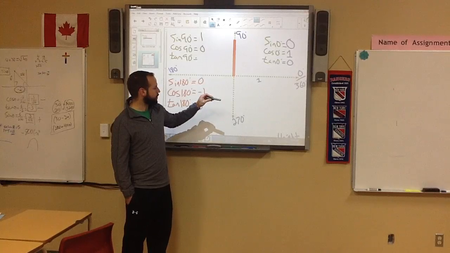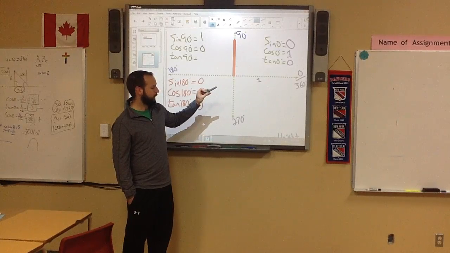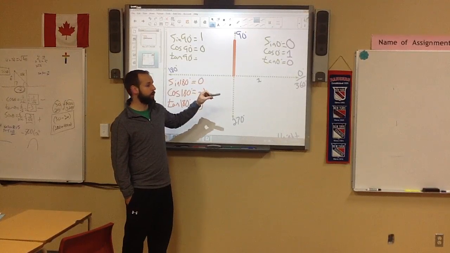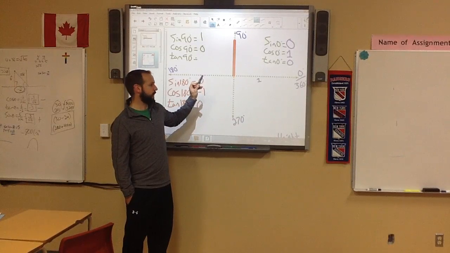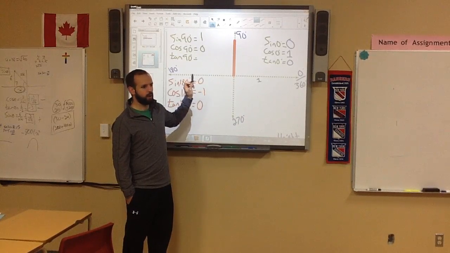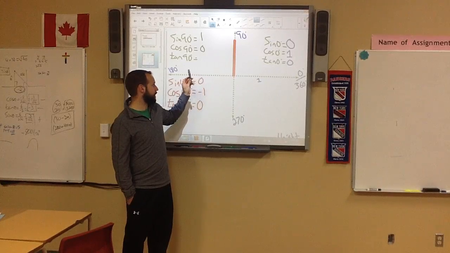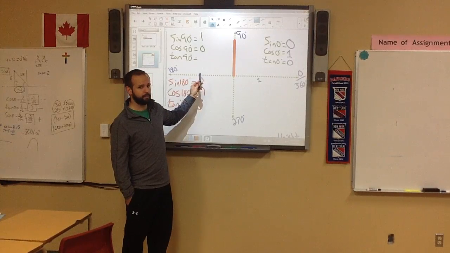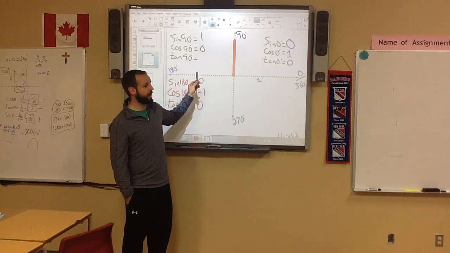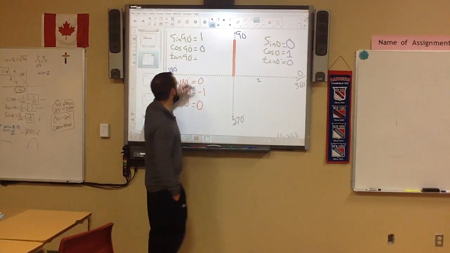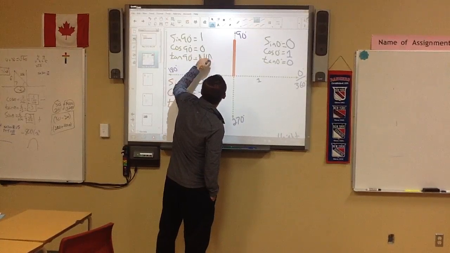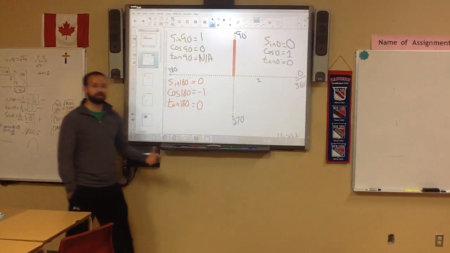As I start to speed up, my rate increases. I go from walking to running to sprinting to driving a car to flying a plane to a rocket ship, to the point where I'm completely vertical. Essentially, I'm going so fast that I can't measure it, so it's undefined. I can put NA, undefined, does not exist, it doesn't matter.